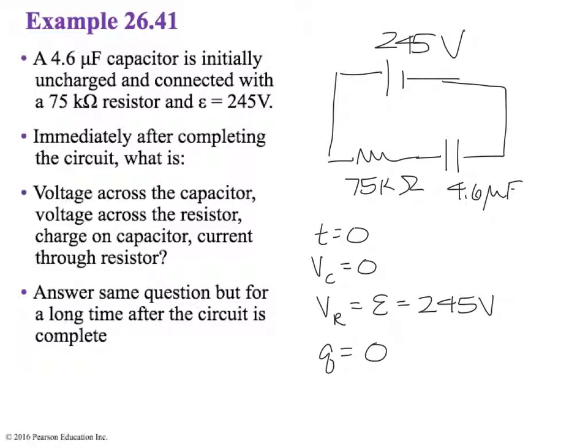And the current through the resistor is simply, using Ohm's law, the EMF over the resistance, which is 245 over 75 times 10 to the third. The current is 32.7 milliamps.